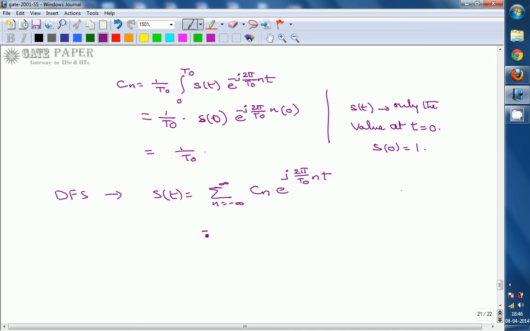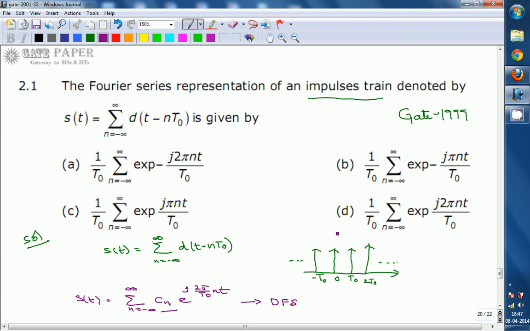Here Cn equals 1 by T naught, so s of t equals 1 by T naught summation n equals minus infinity to infinity e power j 2 pi by T naught n t. So this is the discrete Fourier series representation of a train of impulses. Out of the 4 options, option D is the correct answer.